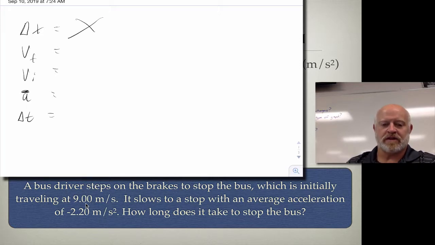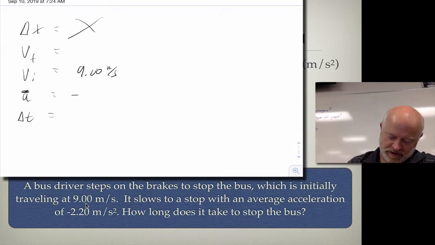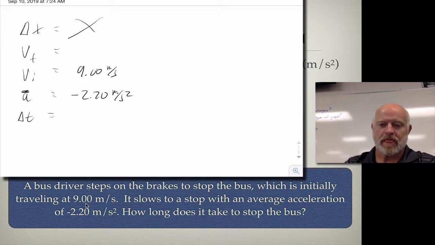We're given the initial velocity of 9 meters per second, and we are given an acceleration of negative 2.20 meters per second squared. We want to know when it stops the bus, so stopping means your final velocity would be 0 meters per second. And we're asking for time.